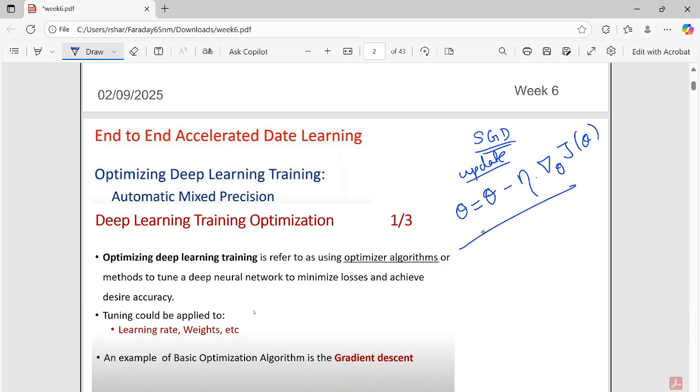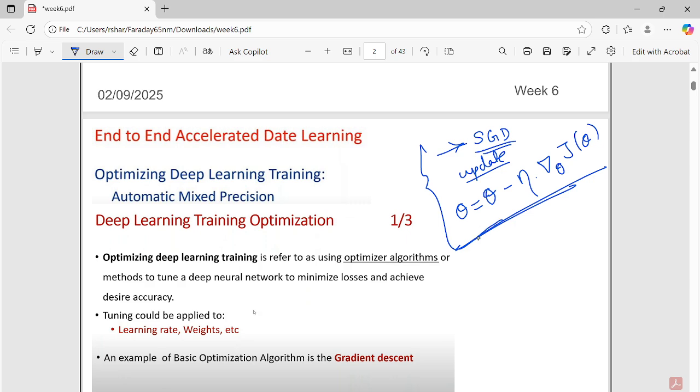so these are the update rules. And if we have the momentum, it enhances the stochastic gradient descent by adding a fraction of the previous update to the current one.